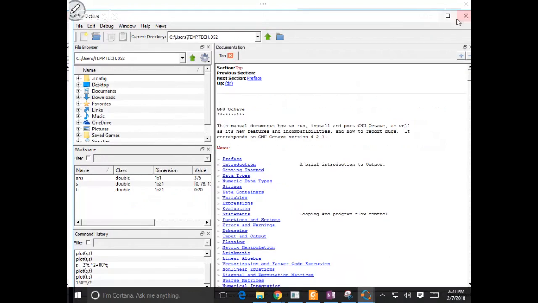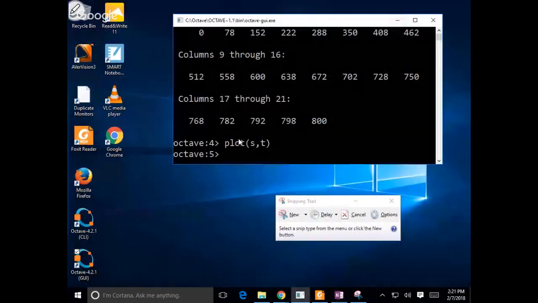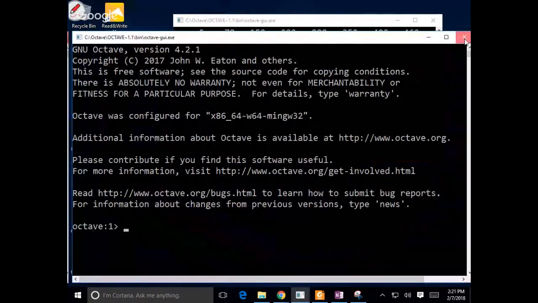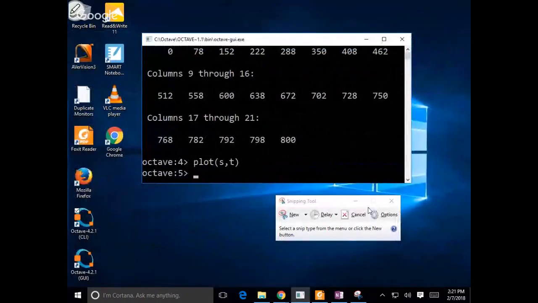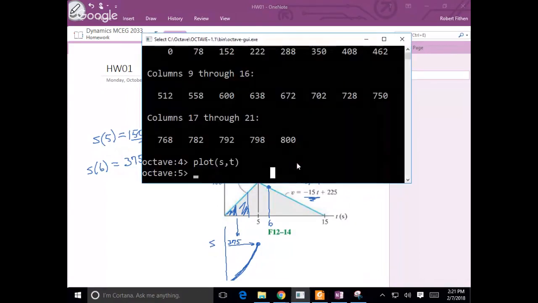Uh-oh. I better go back to the other version of here. Oh, it already is there. Okay, there it is. It just doesn't have a label associated with it. Okay, minus 15t plus 225.